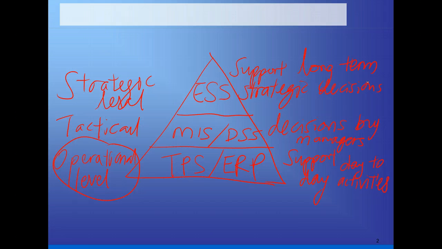So you see a keyword that keeps on appearing is decisions. We will introduce decision making and problem solving in this section, where the entire purpose, especially of this portion, is to support better decision making.